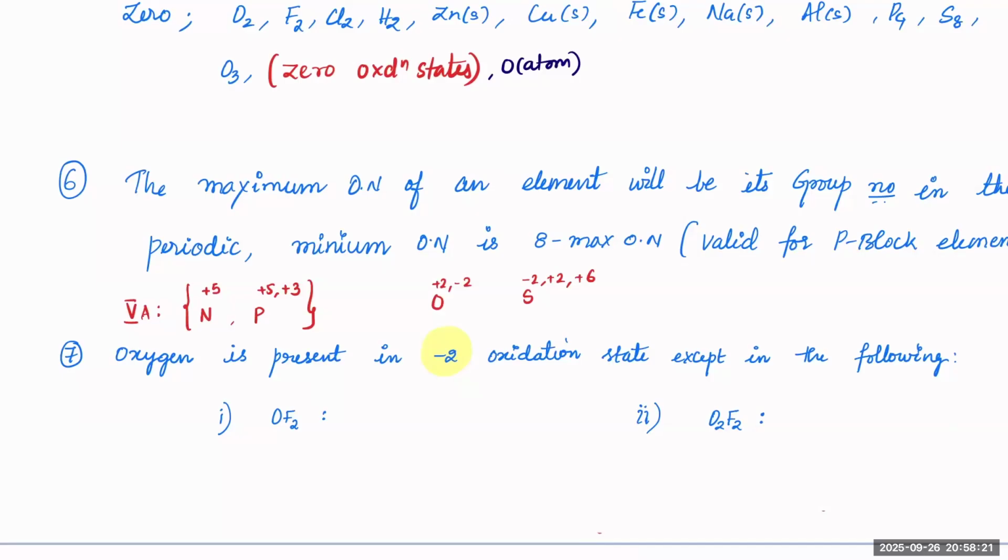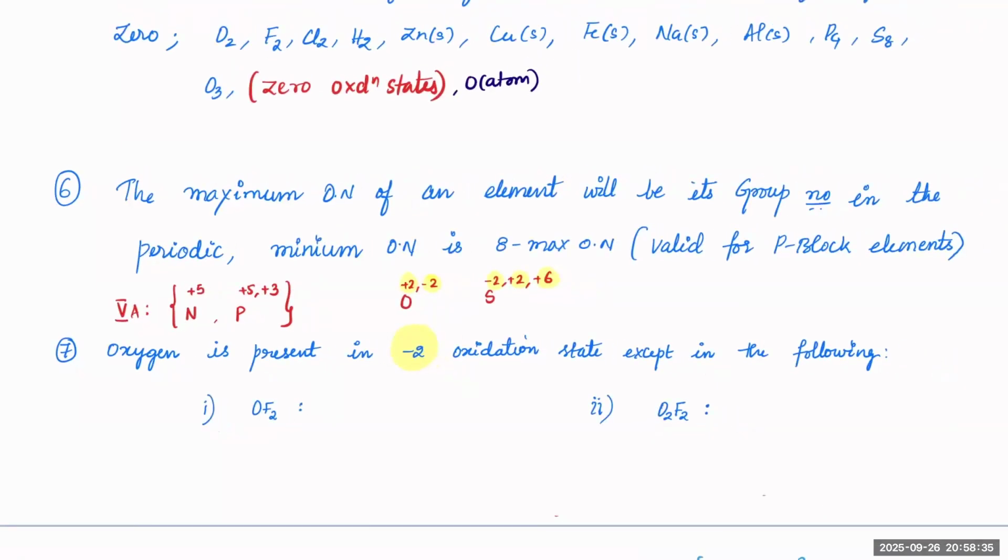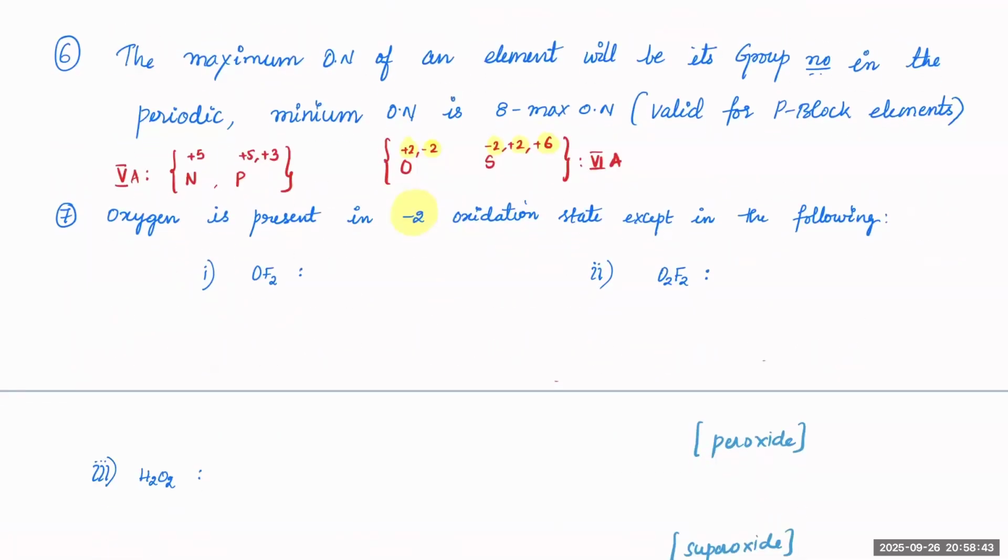Now you notice this can show -2 also, +2 also. Here it can show -2, +2, and +6 also. If +6 is the highest oxidation state, 8 minus 6, it will show +2 as well. And these belong to 6A group elements. Got it?